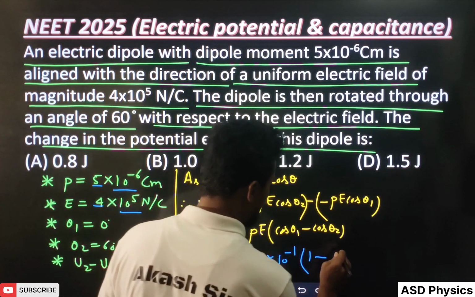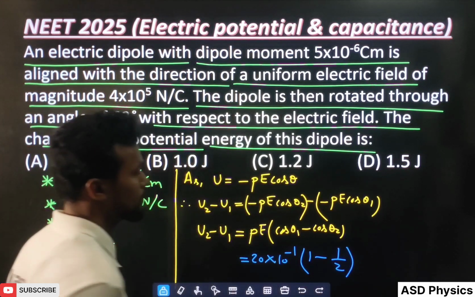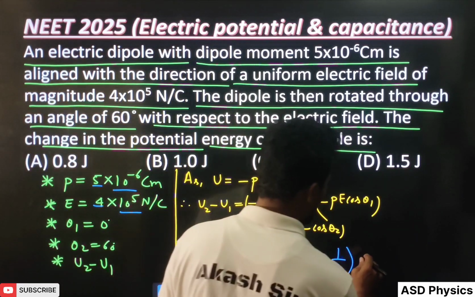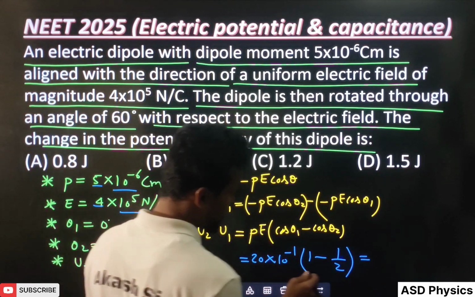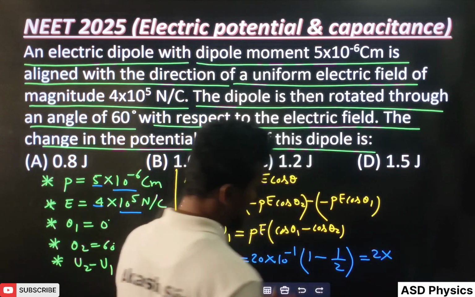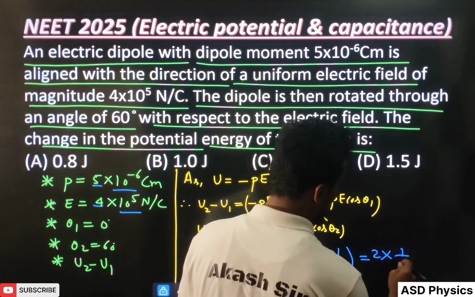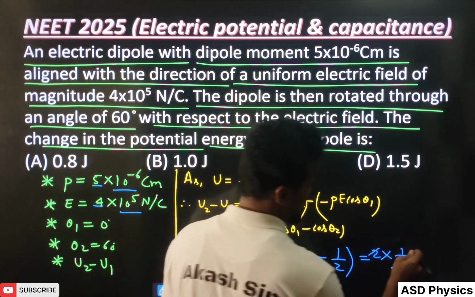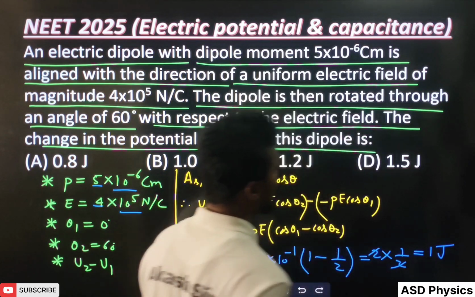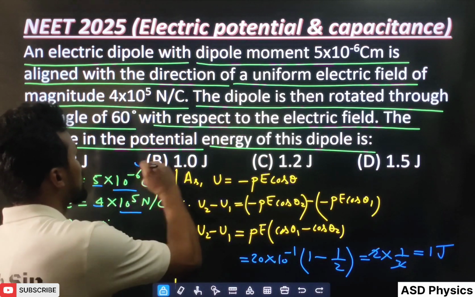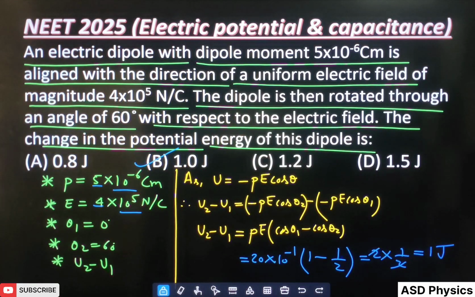Cos 60 is 1 by 2, is it? Then let's simplify this. 20 into 10 power minus 1 means 2, and 1 minus 1 by 2 becomes 1 by 2. 2 and 2 cancel. So it is coming to 1 joule. Which option is correct here? The correct option is option B.